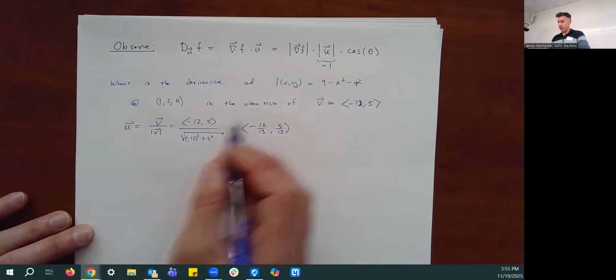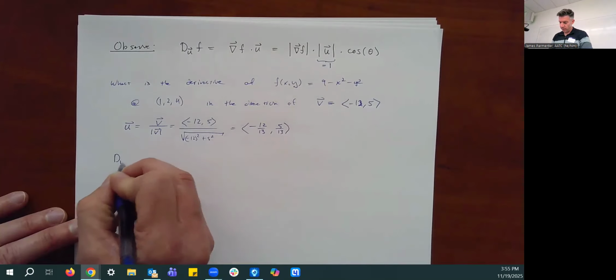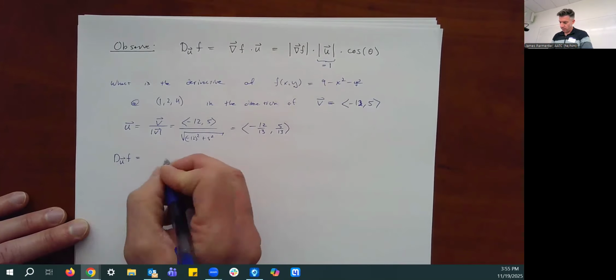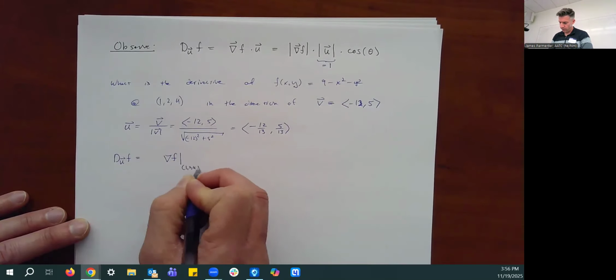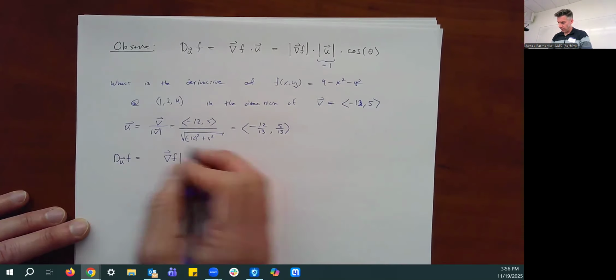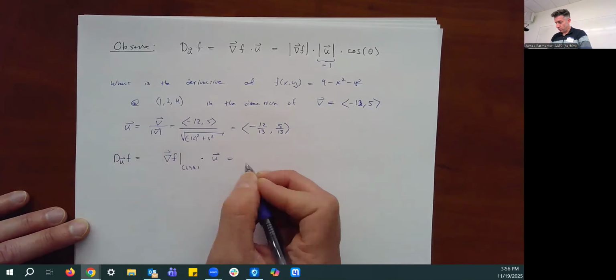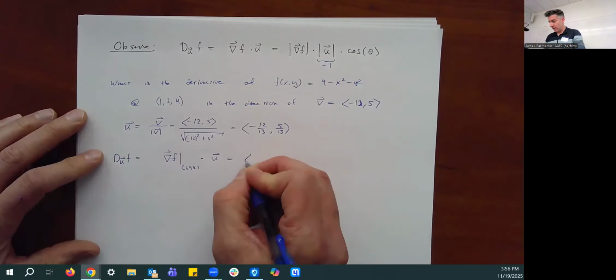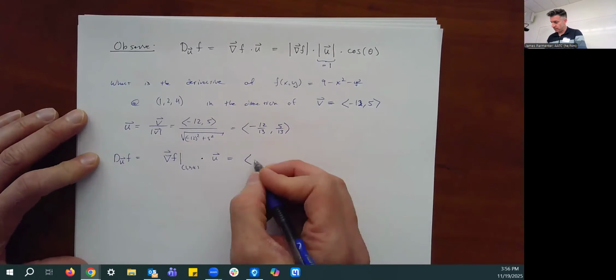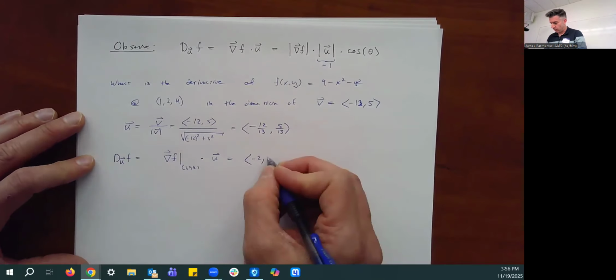So then I would say my directional derivative here is going to equal my gradient of f evaluated at 1 comma 2 comma 4 dotted with my vector u, which in this case my gradient is still going to be the same as it was before because it's the same function gradient at the same point. So it's still going to be negative 2x plugging in 1 for x and negative 2y plugging in 2 for y.